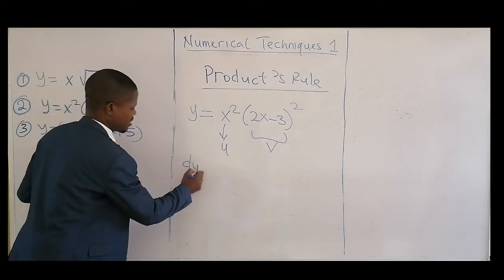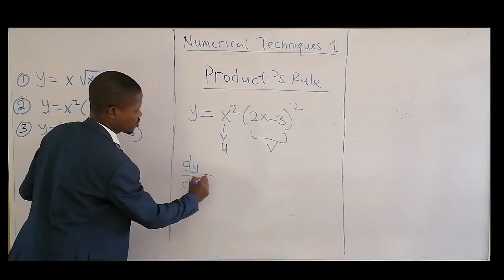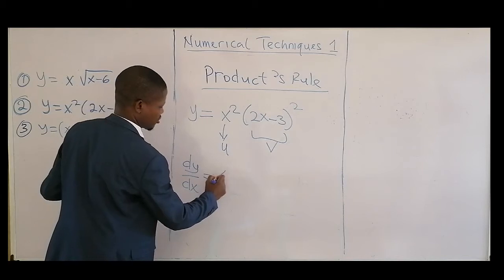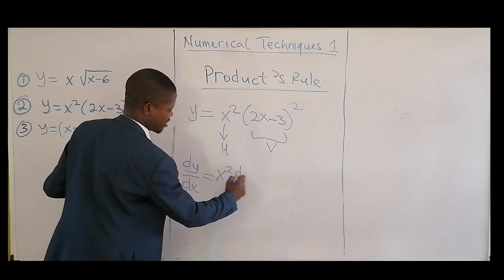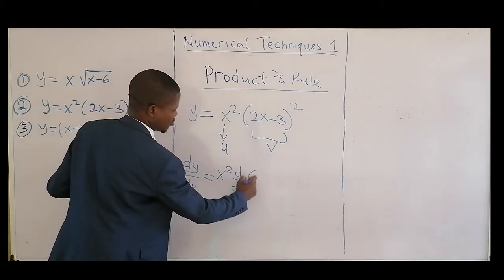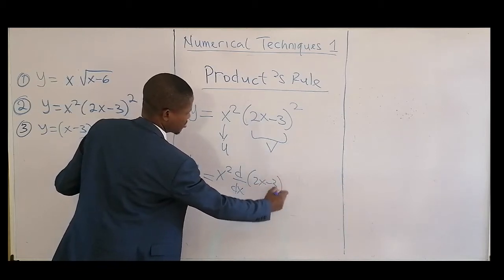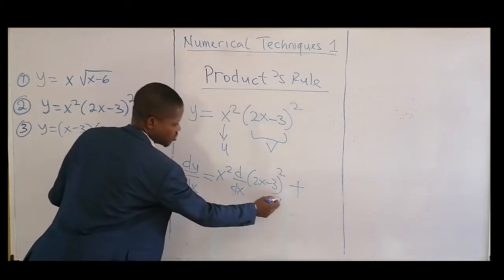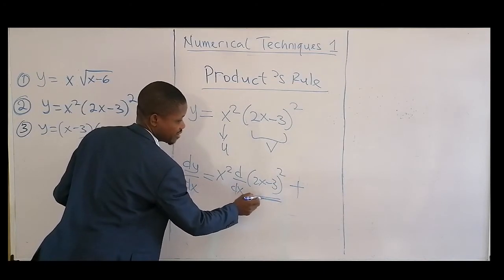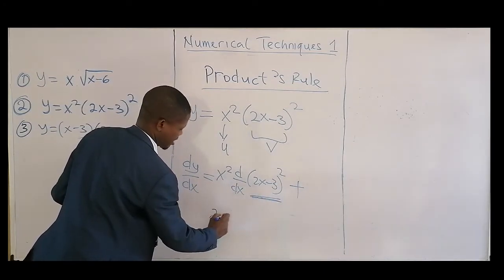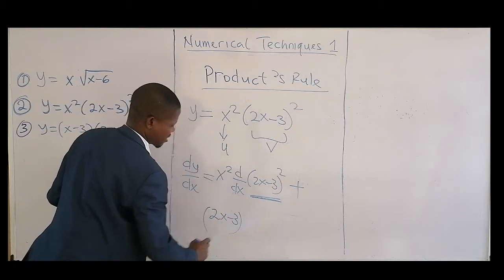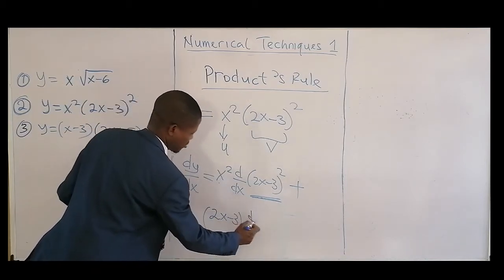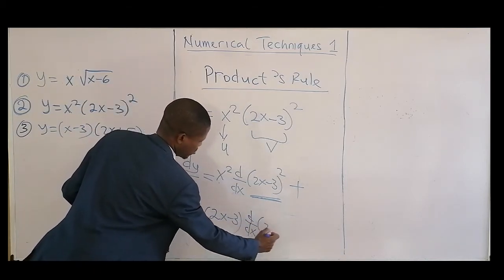So the dy/dx will equal to, take this one constant and differentiate the second one. That's 2x minus 3. And then plus the one you have differentiated here, keep it constant here, and then differentiate your first one.